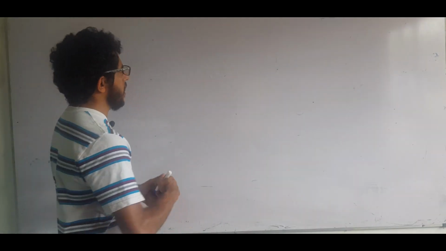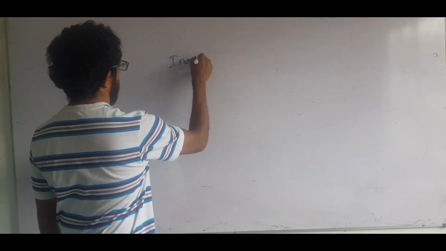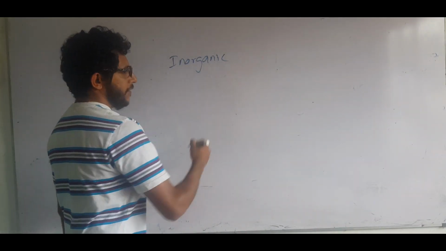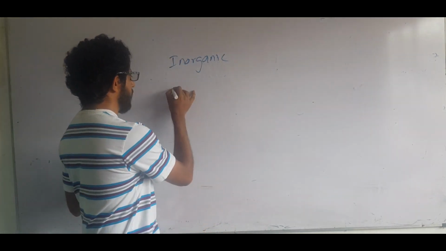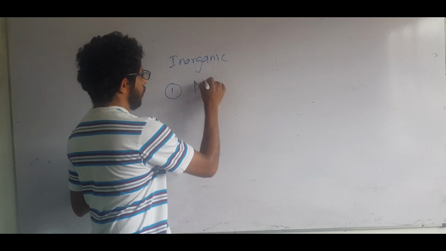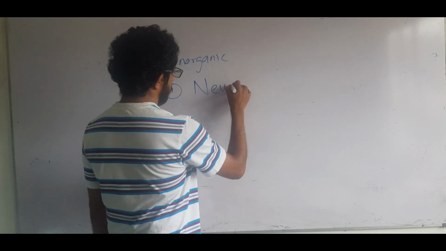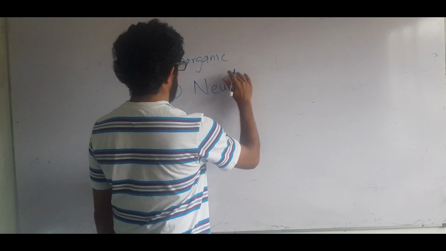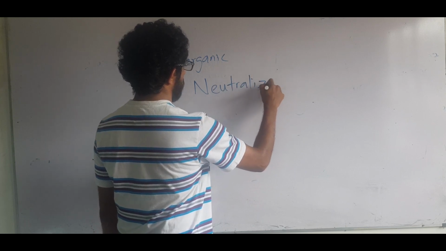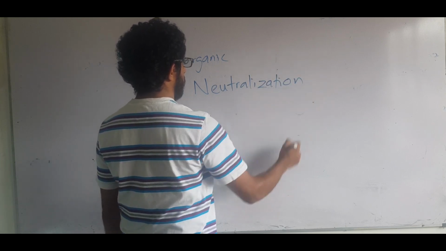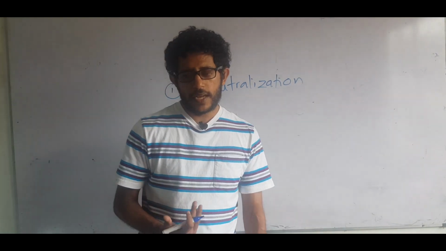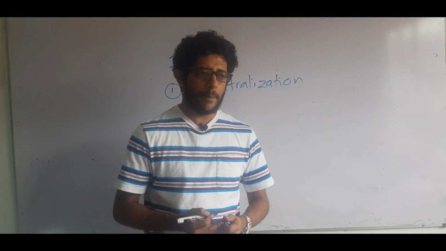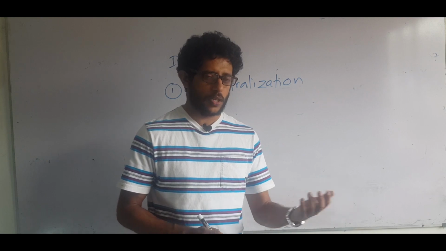Now, in inorganic chemistry, we have different types, we will see them first. One of the main types we have here is the neutralization reaction. Simple answer: neutralization is a reaction between an acid and a base to produce water and salt.